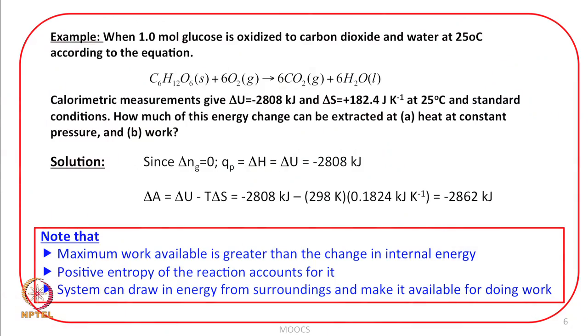So, what we have discussed in this lecture is the Helmholtz free energy, Helmholtz function, which is also called the maximum work function or work function. We also discussed the origin of using the term free, and then we further discussed that the maximum work obtainable from the system can be greater than the change in internal energy, or it can be less, depending upon whether the delta S for the system is positive or negative.